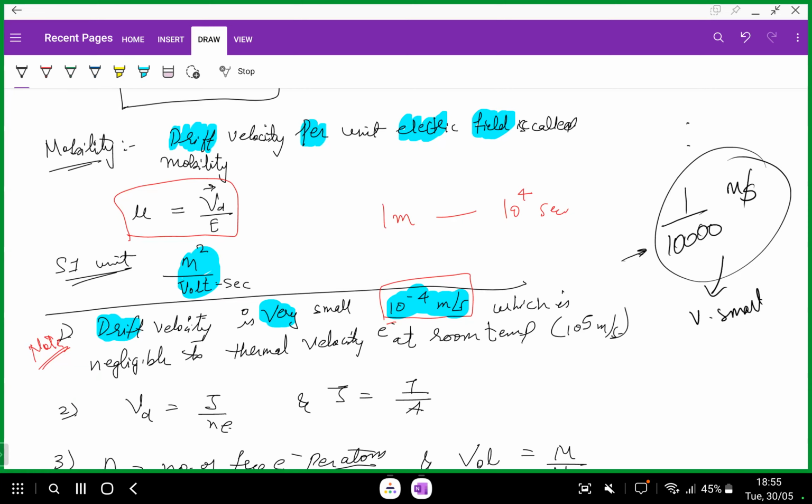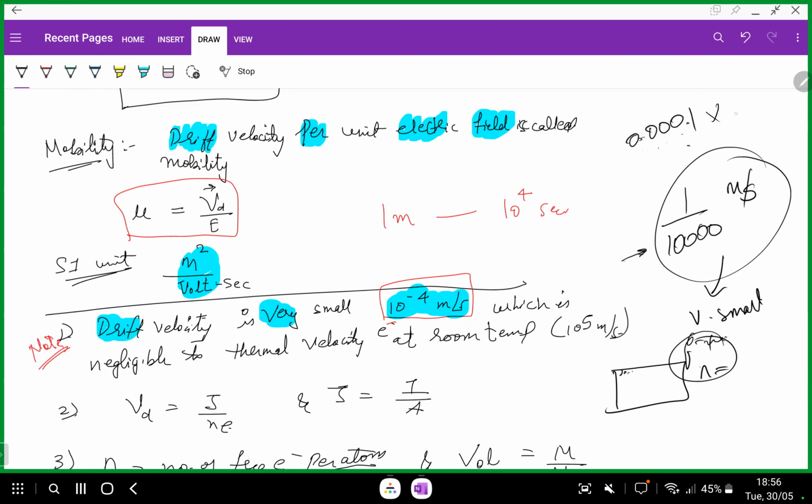The reason is very, very simple. If this is your metal or wire, whatever material, it has millions of electrons, so N is too high in Q equals NE. Let the speed be 10 to the power minus 4, which is 0.0001.